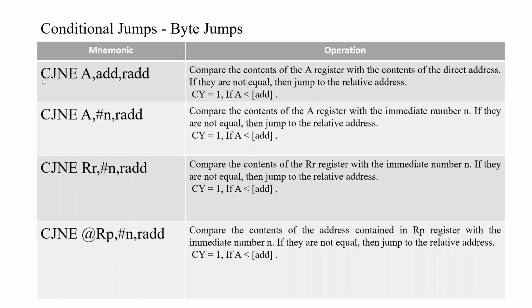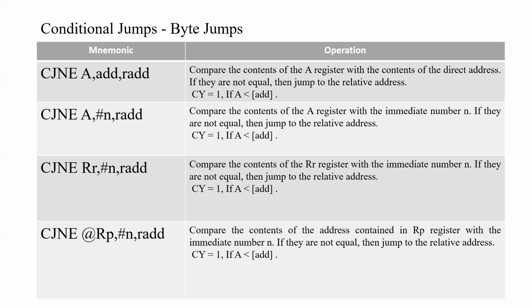CJNE is compare jump not equal, right? A comma address. It will compare the contents of accumulator with the contents of the direct memory address. And if these two contents are not equal, then jump to the relative address. R stands for the relative address, so that when I say relative address, you know the range of that address, right?